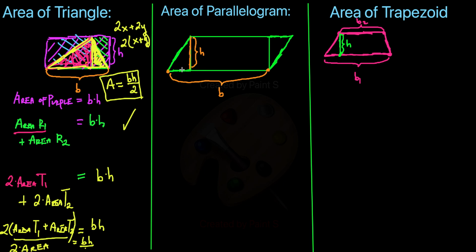This one's a little bit easier. The only thing we would need to really convince ourselves of is what we can do here. I can pick out this triangle right here, and I can pick out this triangle right here and just move it over to right here.